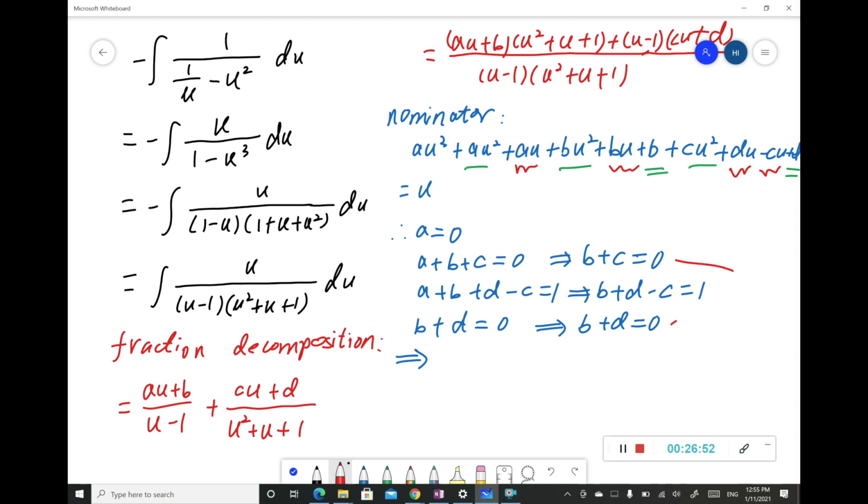We can get c equal d. If c equal d, we bring it to the second equation, so we could get b equal 1. Then we could solve all of them out. So we can get the coefficient a equal 0, b equal 1, and c equal d equal minus 1.